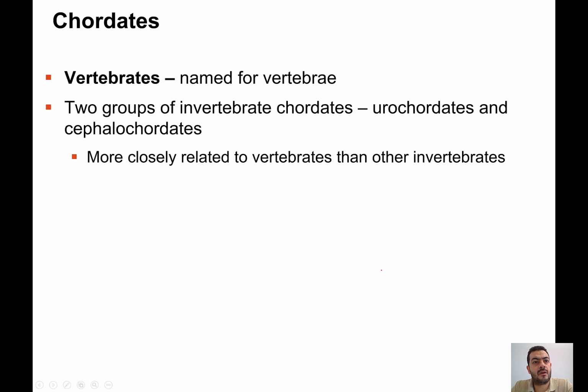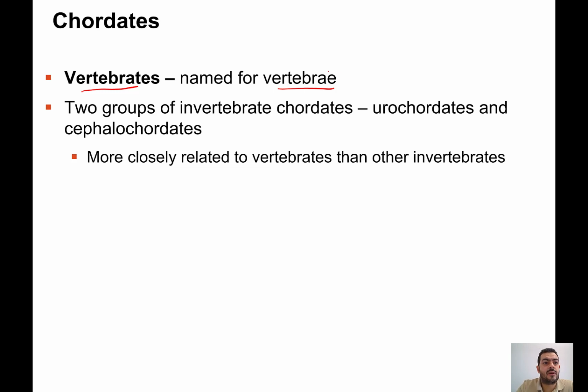So the next group that we'll focus on will be the chordates. An important thing to keep in mind is that vertebrates is the word that we'll use for organisms having vertebrae, this bony structure that surrounds the spinal cord.